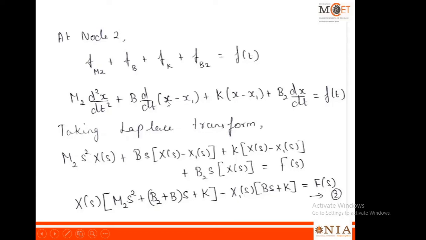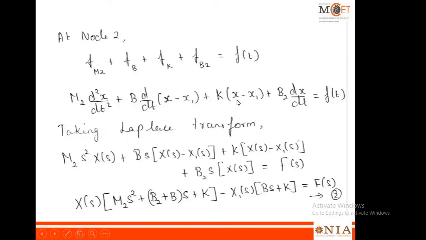It is always with respect to node 2 now, so the displacement becomes x minus x1. This is a key point that you have to note. When we wrote it for node 1, this FB was d by dt of (x1 minus x). Now it will be d by dt of (x minus x1), that is node 2's displacement minus node 1's displacement.